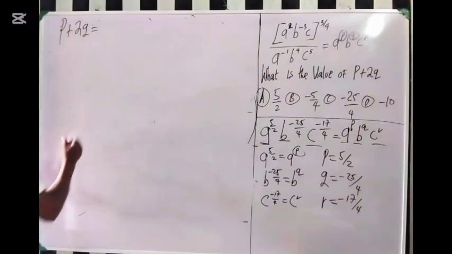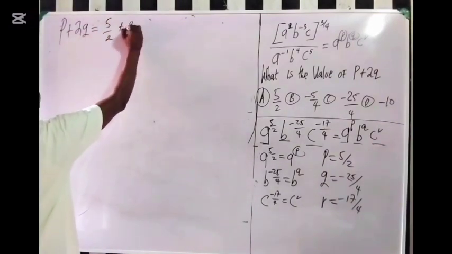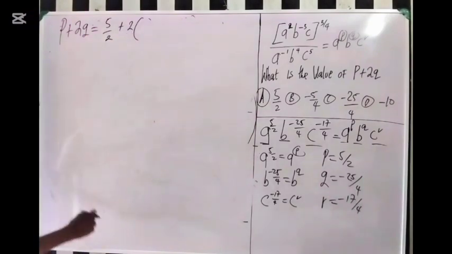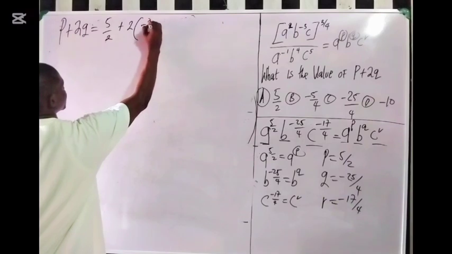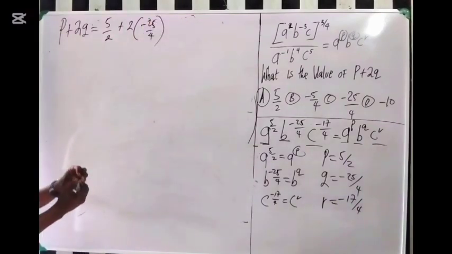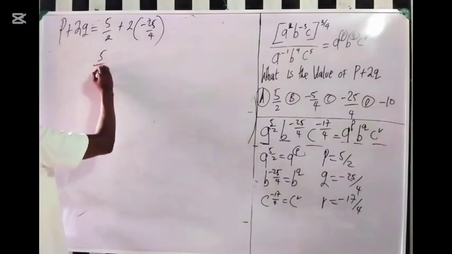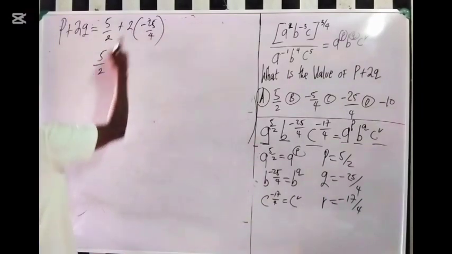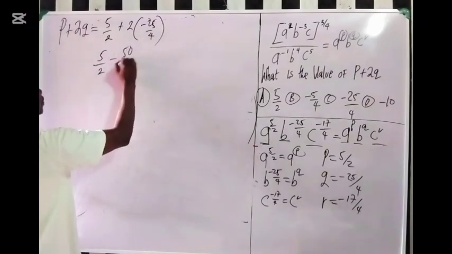So it will be 5 over 2 plus 2 times my Q, which is minus 25 over 4. We know that plus and minus is minus. So here we have 5 over 2 minus 2 times 25, which is 50, over 4.